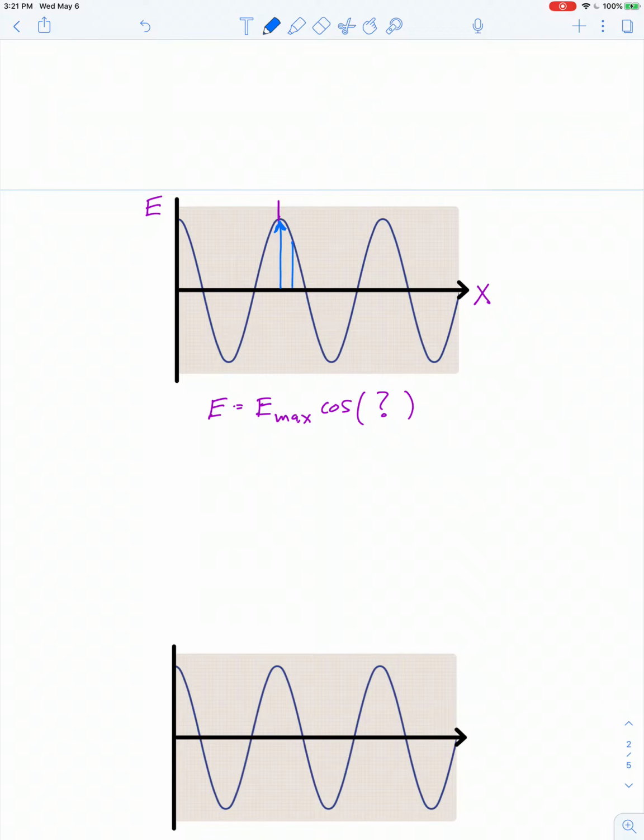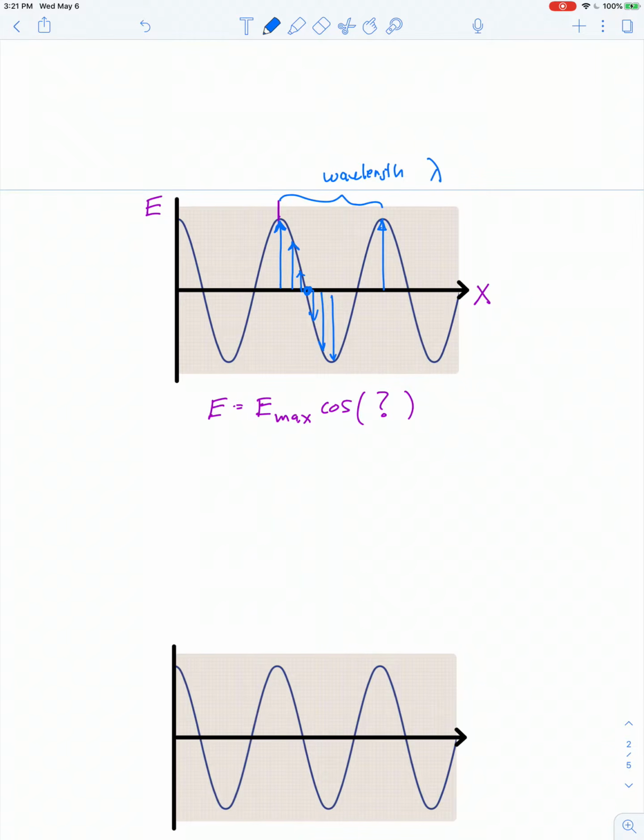At this point in space, a couple centimeters down the line, the electric field still points up but has lesser and lesser value. At one location in space, for a moment in time, the electric field is 0 and the electric field starts to point the other way. So this is just an electric field that's oscillating in space, and the distance from one point of maximum electric field to another is known as the wavelength.